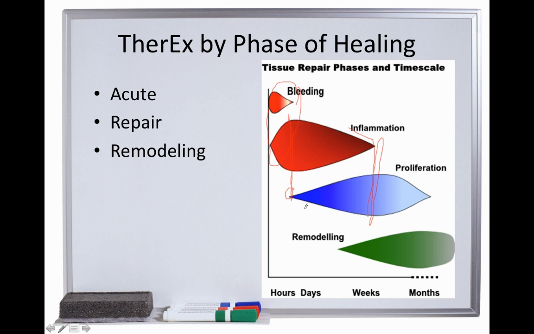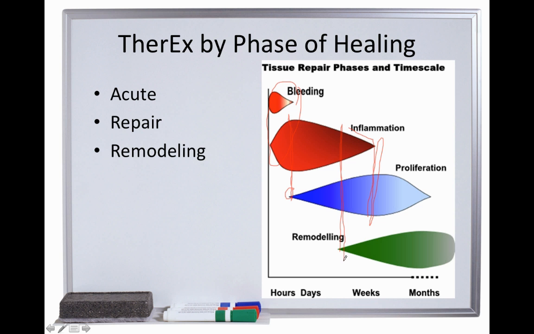So they're not distinct phases, but as you're moving from inflammation into proliferation and you're getting some repair, you're trying to maintain that person's fitness level, not let them get too couch potato-y as they heal, or restoring and retaining range of motion. As much as possible, you're retaining range of motion. If there's a period of immobilization, then we're trying to restore range of motion, and also restoring that position sense and proprioceptive ability.